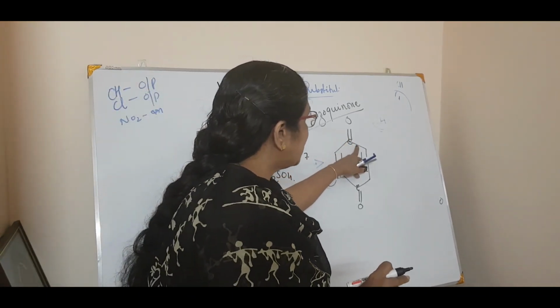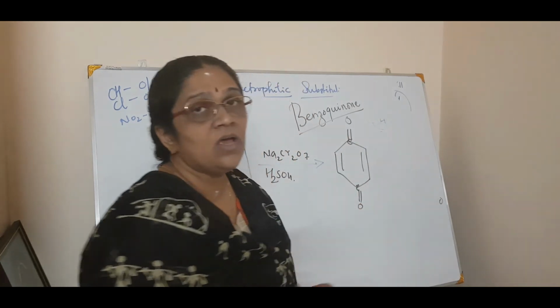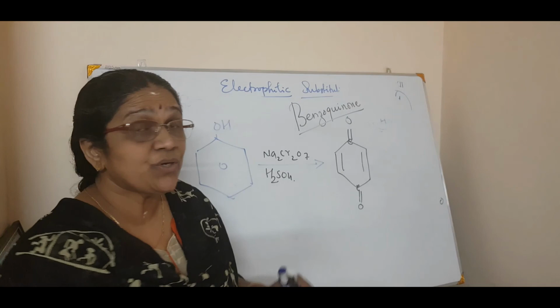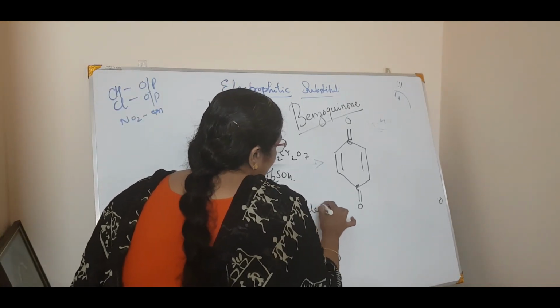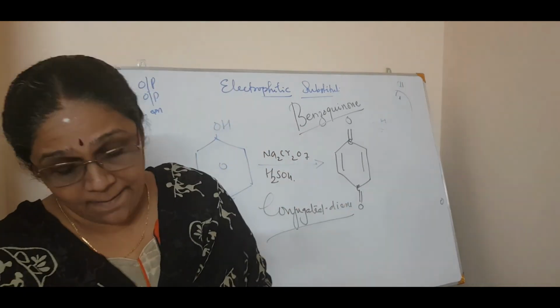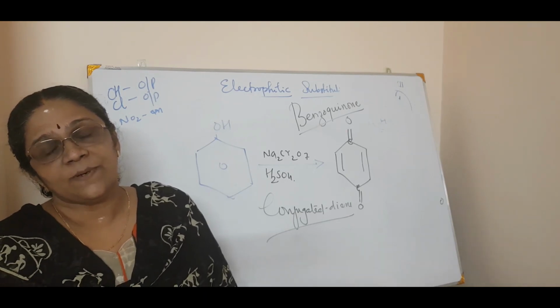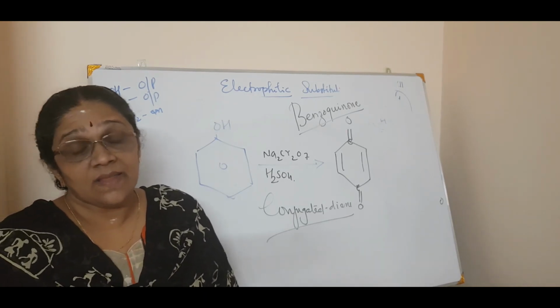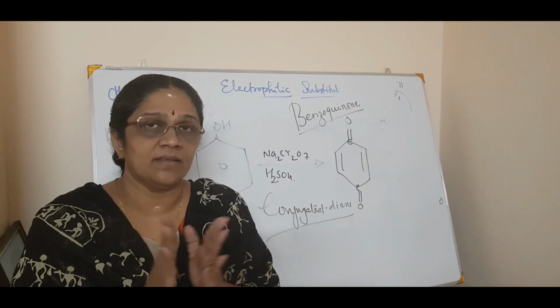Okay, double bond, single bond, double bond, single bond, double bond, single bond. So it is called as a conjugated diene. And this compound is called as benzoquinone. These are the electrophilic substitution of benzene.